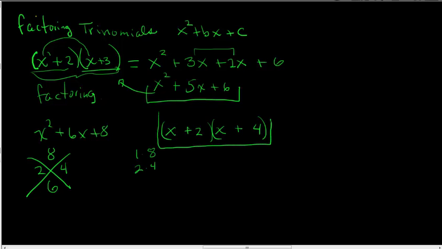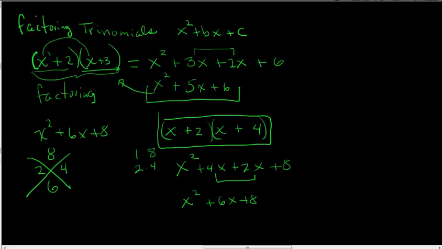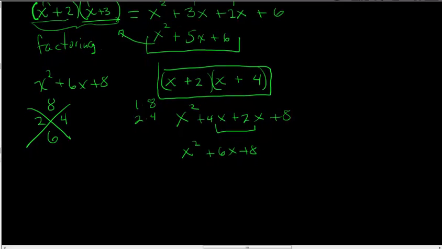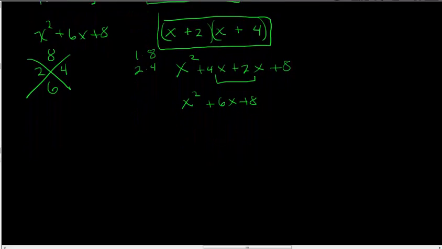If I were to multiply back, x times x would be x squared, x times 4 will be positive 4x, and 2 times x will be 2x, and then 2 times 4 will be 8. Now if I combine like terms here, this will give us x squared plus 6x plus 8. Okay, so let's do a few more examples, just so you can see what we're doing here.